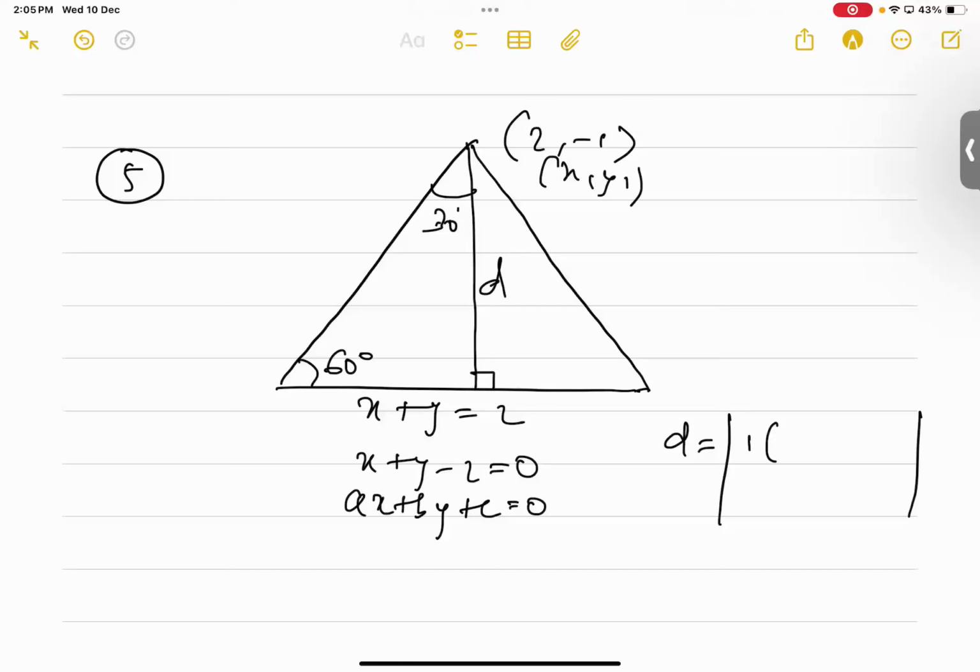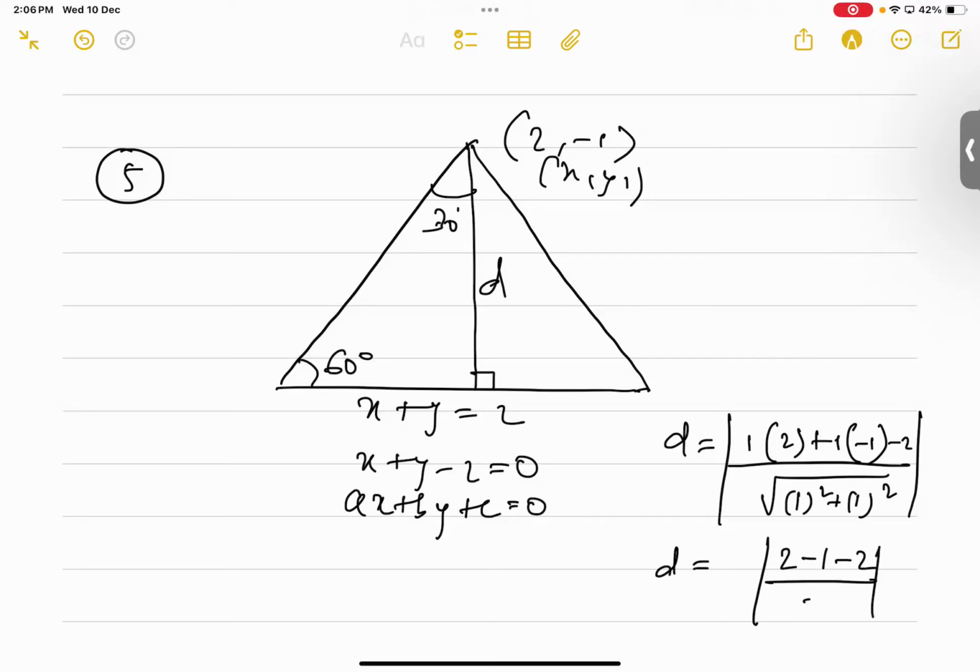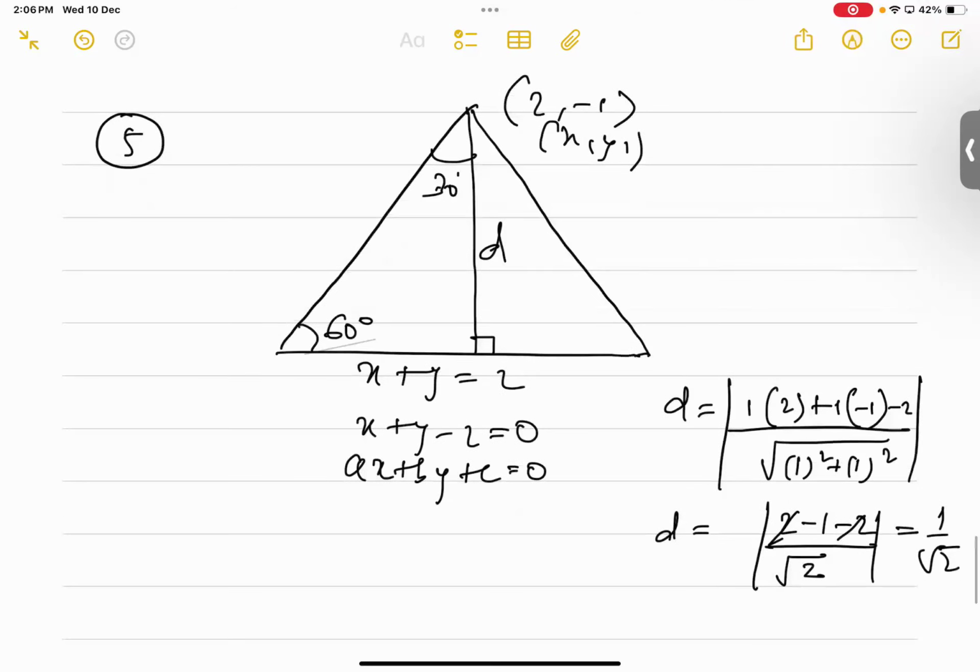A is 1, x1 is 2, b is 1, y1 is minus 1, c is minus 2, upon root of 1 square plus 1 square. So d is equal to modulus of 2 minus 1 minus 2 upon root 2. Okay, so 1 upon root 2. So this distance is 1 upon root 2.